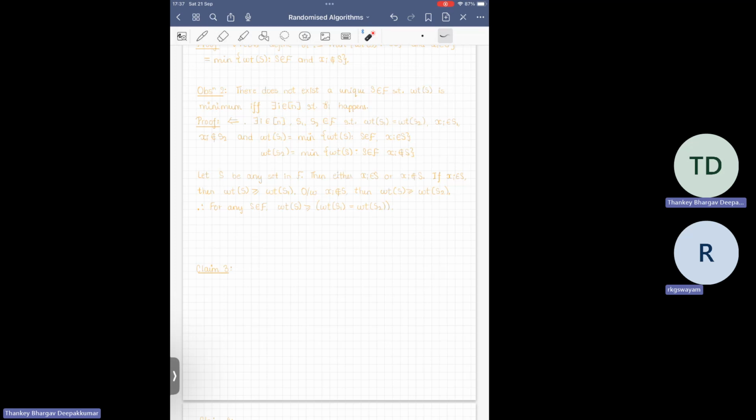There are only two possibilities for any set S in F: either it contains xi, or does not contain xi. If it contains xi, then we have that this is true, but we know that these two are equal. So then this must be greater than or equal to this as well, right? Similarly, if it does not contain xi, then this is true, but these two are equal, so it must also be greater than or equal to this, right? So yes, the weight of S1 and S2 is the smallest.